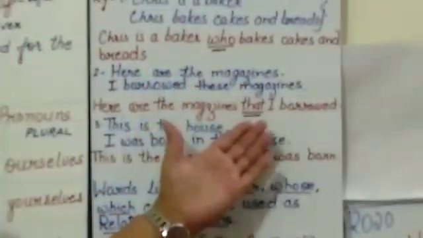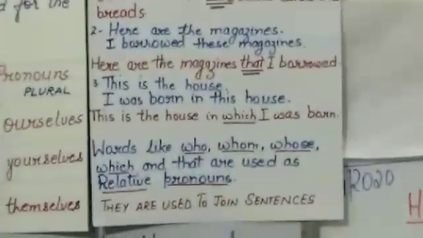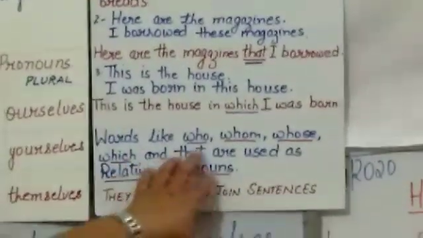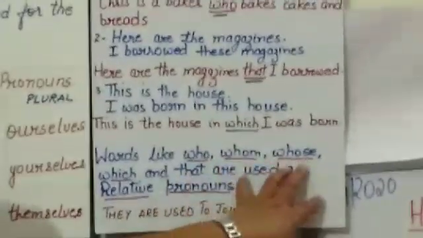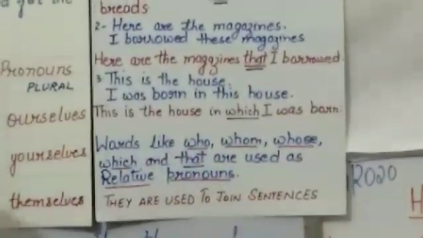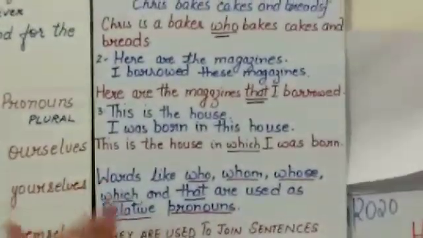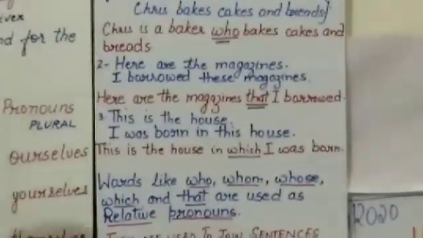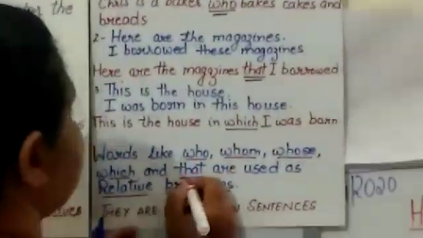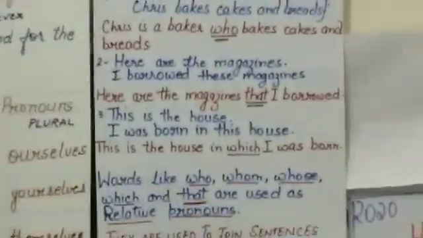Words like who, that, which are called relative pronouns. Words like who, whom, whose, which and that are used as relative pronouns. Basically, these five are called relative pronouns. They are used to join two sentences.